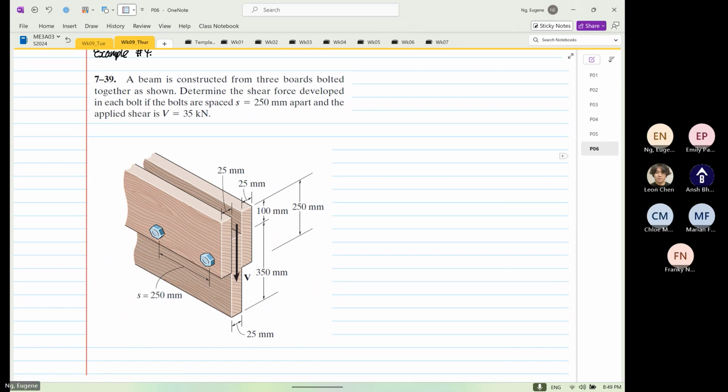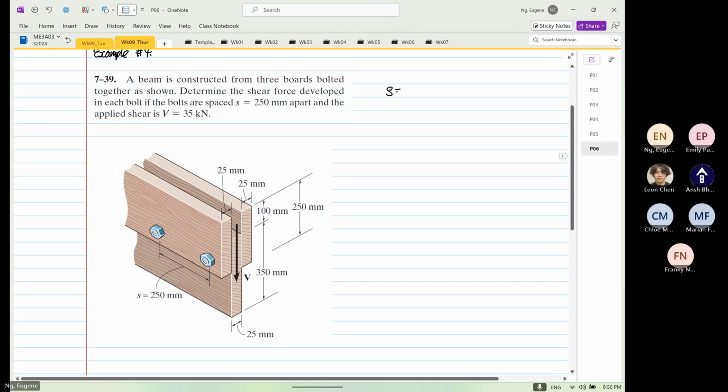Okay, so given to us, the spacing S is equal to 0.25 meter, and V is equal to 35 times 10 to the power 3.